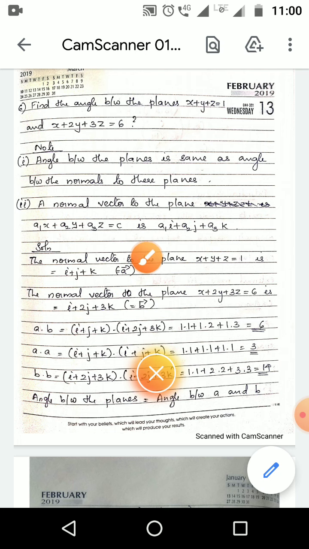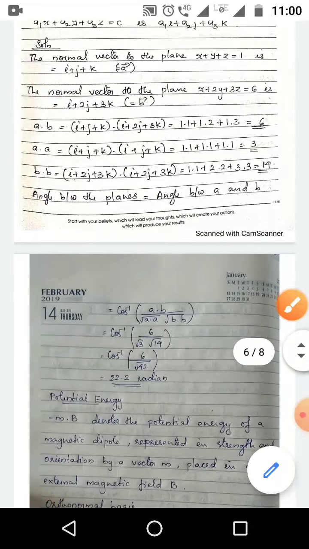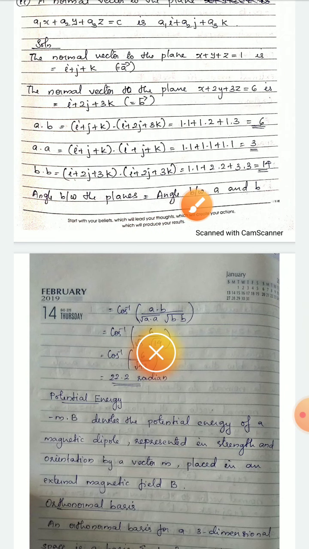So the normal vector to the plane x plus y plus z equals 1 is i plus j plus k, denoted as vector A. The normal vector to the plane x plus 2y plus 3z equals 6 is i plus 2j plus 3k, denoted as vector B. Then find a dot b, a dot a, and b dot b. The angle between the planes is the same as the angle between a and b, so it is cos inverse of a dot b by root of a dot a times root of b dot b.